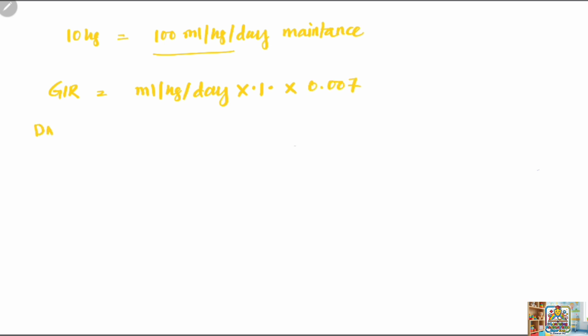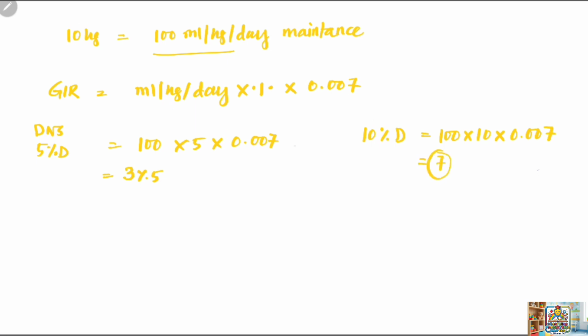If we are giving plain D5, that means 5% dextrose, 100 into 5 into 0.007, that means 3.5. And if we are giving maintenance as 10% dextrose, then it will be 100 into 10 into 0.007, that's 7. Actually, more or less 4 is the GIR we are giving as a maintenance fluid.